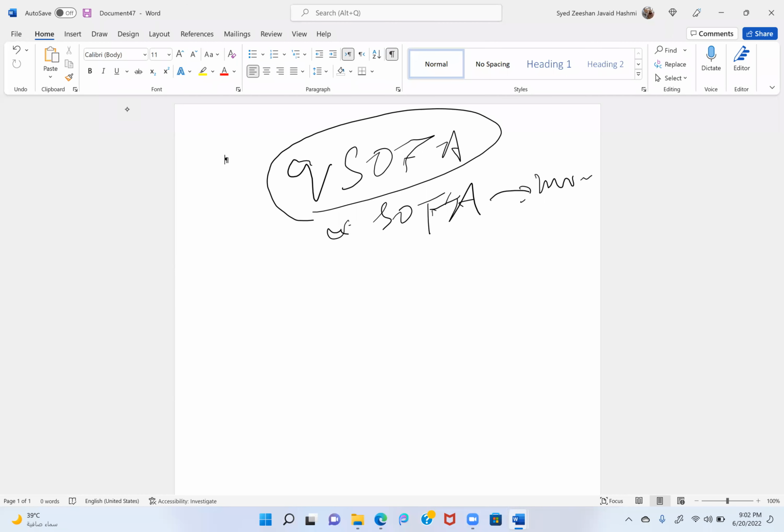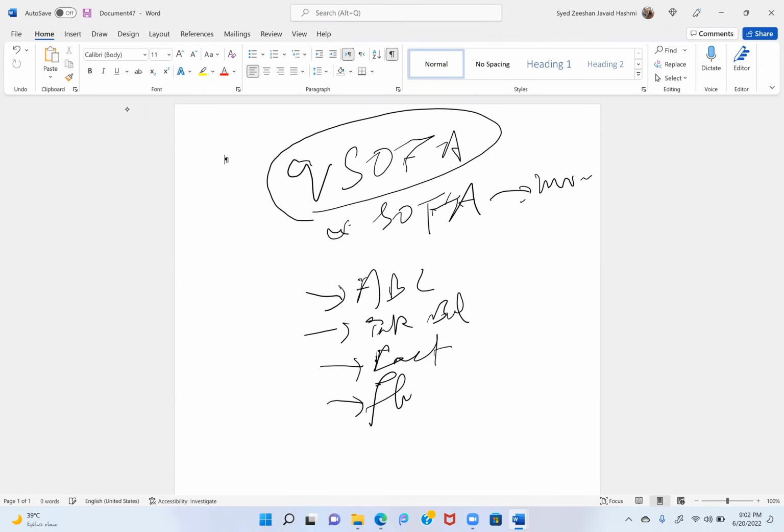If any patient has any score with qSOFA, you will start resuscitating the patient, ABC, and then you will take the blood cultures, and you will take ABGs to see the lactate. You will be starting fluid resuscitation.